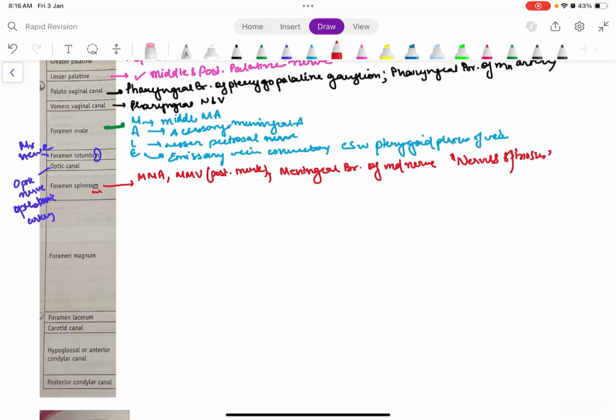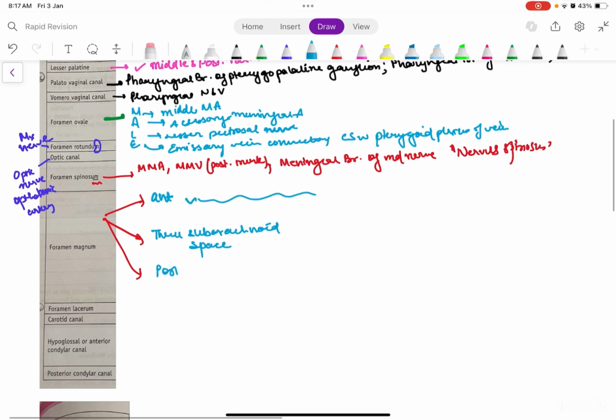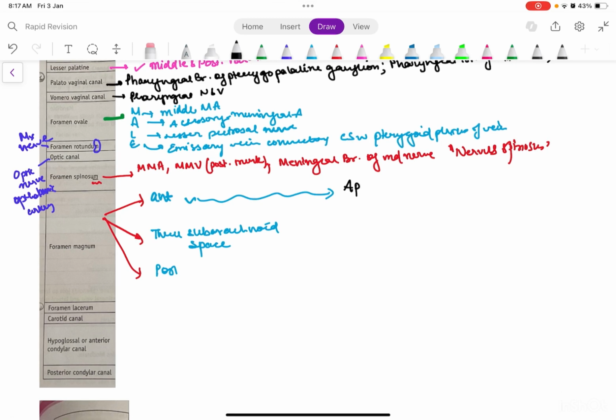Then foramen magnum has three parts. The first one being anterior, then through the subarachnoid space, and then we have posterior. Now you need to know it very well. So anterior has the apical ligament of the dens and the membrana tectoria.